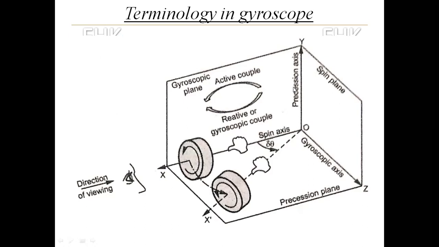So the precession axis you can see as a point in the precession plane. The spin axis you can see as a point in the spin plane. These two planes are perpendicular to each other.